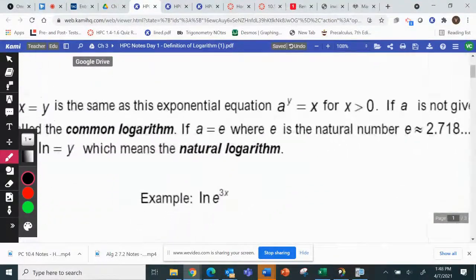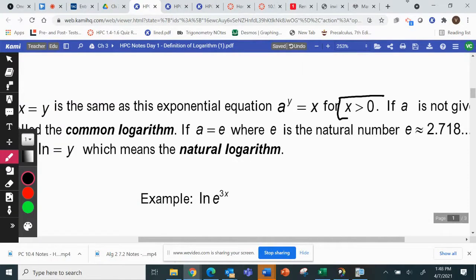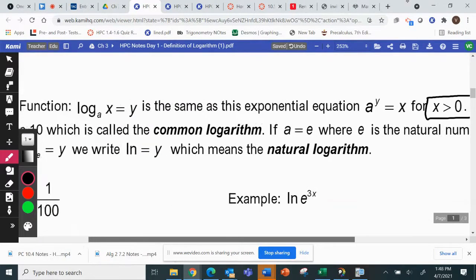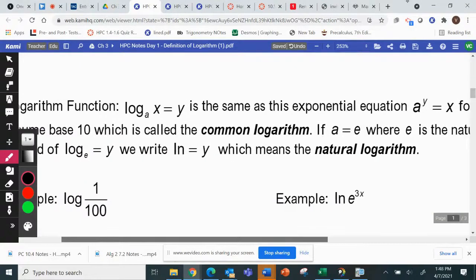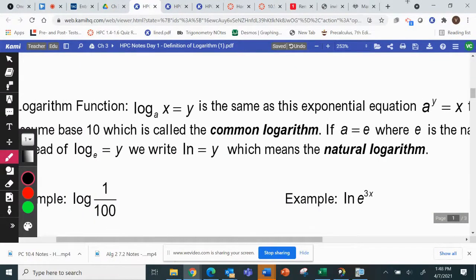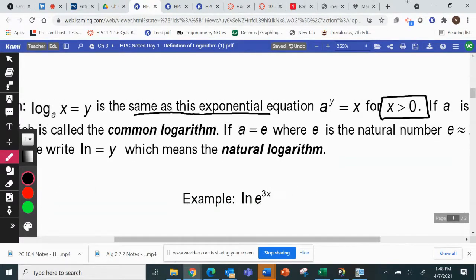And that's written in the next paragraph, but I wanted to show you why. So that's written in this next paragraph right here, where the x value has to be greater than 0. This first sentence is actually saying that if we have log base a of x equals y, it is the same as this exponential equation, a to the y equals x, as long as x is greater than 0. Now, you guys probably did some gimmick.